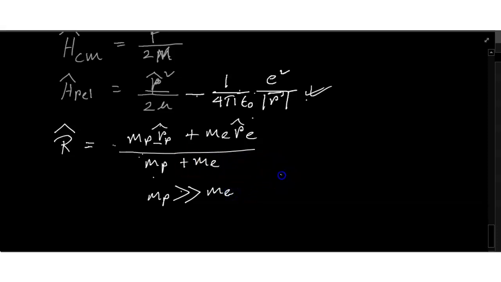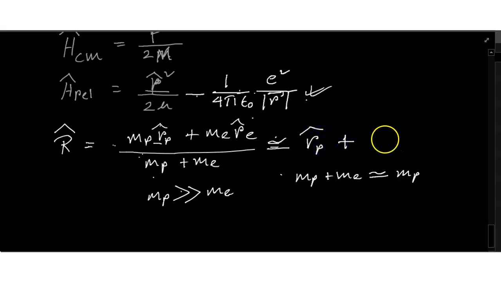So MP plus ME is equivalent to MP, and it can be written this way: R equals RP plus ME divided by MP times R.